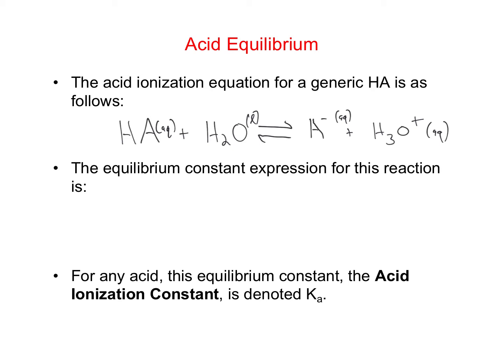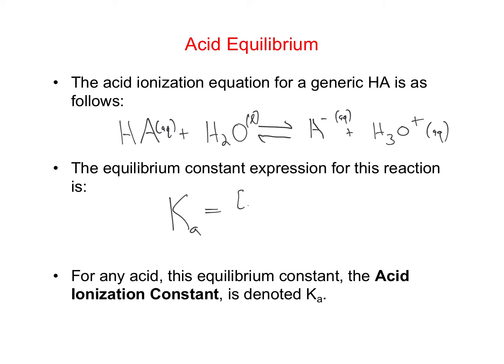And so the equilibrium constant for this reaction is, and since this is a very specific type of equilibrium, we actually give it the subscript A to tell us this is an acid equilibrium constant, or an acid ionization constant.